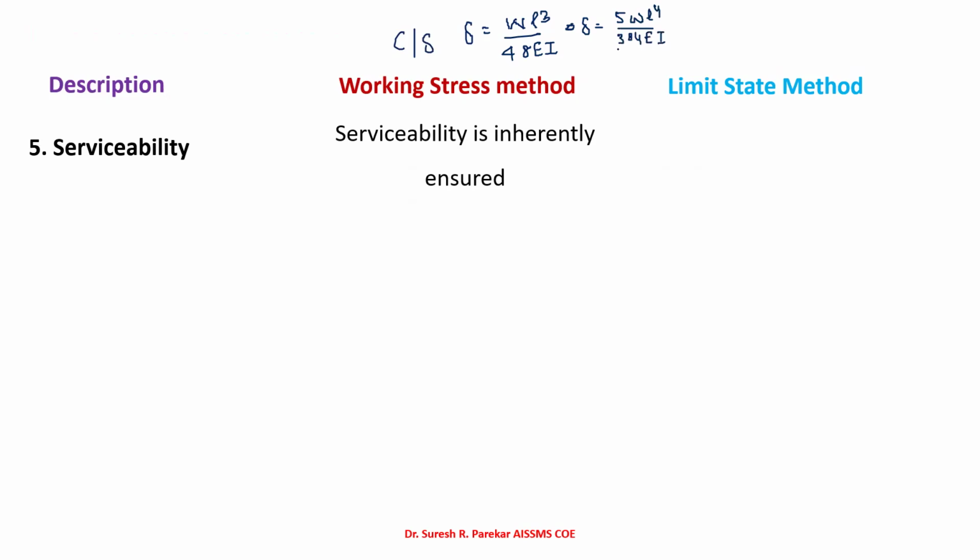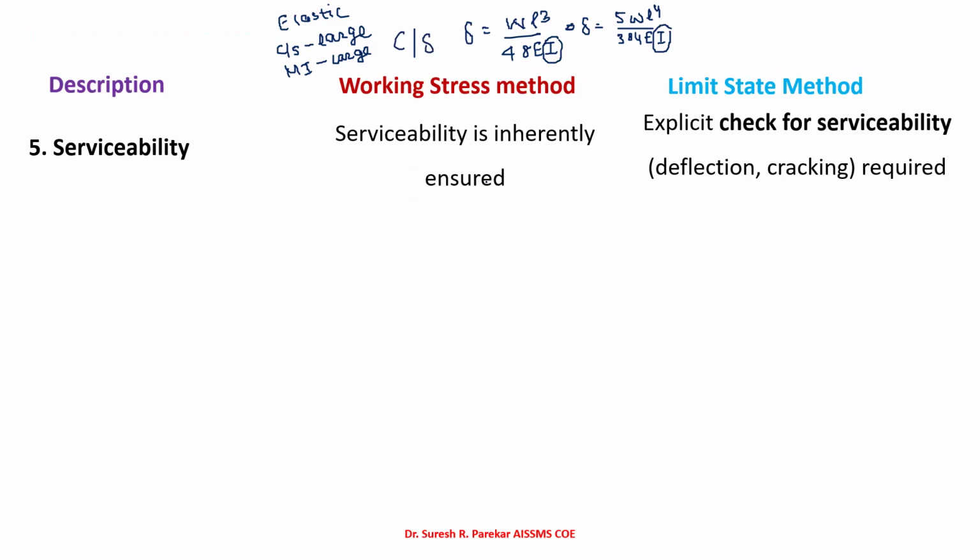In both you can see we have I, moment of inertia, in the denominator, and as we consider only the elastic region, our cross sections are large, and due to these large cross sections my moment of inertia is large, and automatically this serviceability criteria is satisfied, so it is mentioned as inherently ensured.